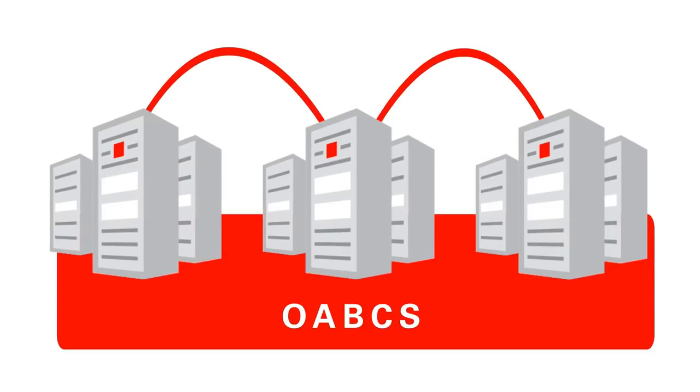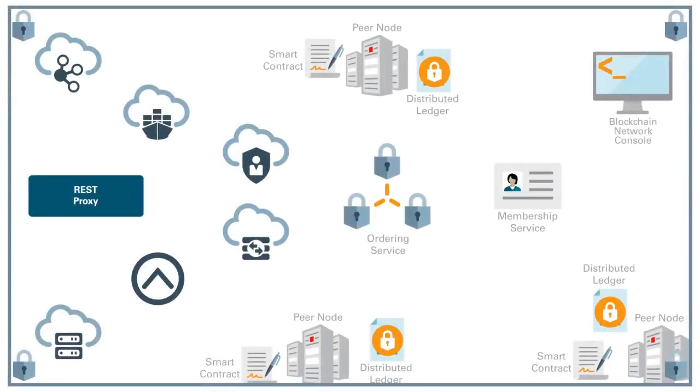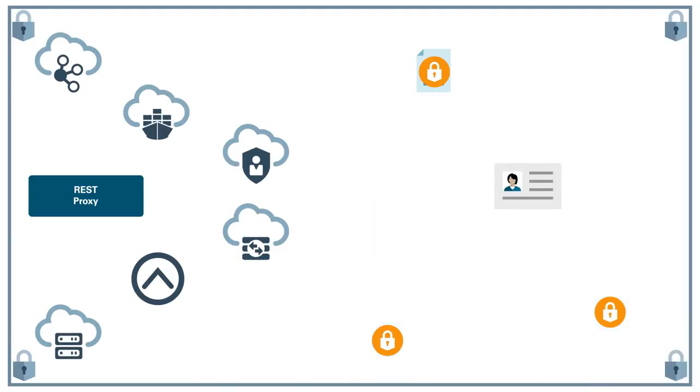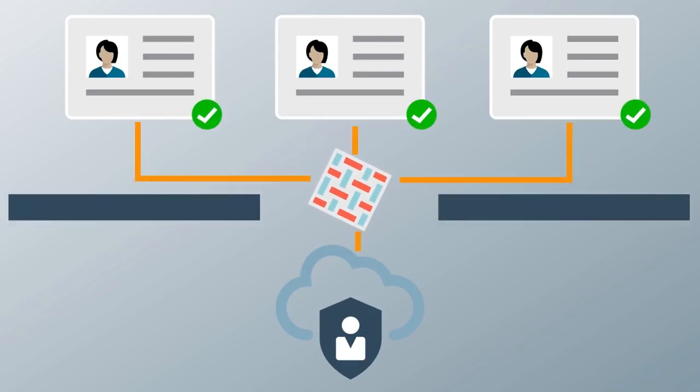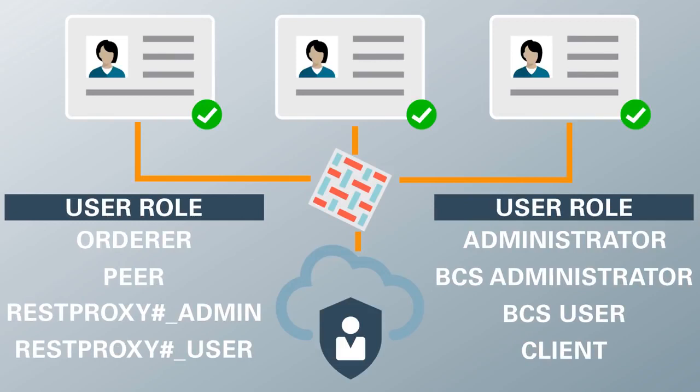As a permissioned blockchain network, Blockchain Cloud Service enrolls member organizations and issues their PKI certificates, which are used for signing all messages between network components. This is done using Fabric Certificate Authority as an MSP connected to the Oracle Identity Cloud Service for authenticating accounts and including user roles and access entitlements from IDCS into enrollment certificates.